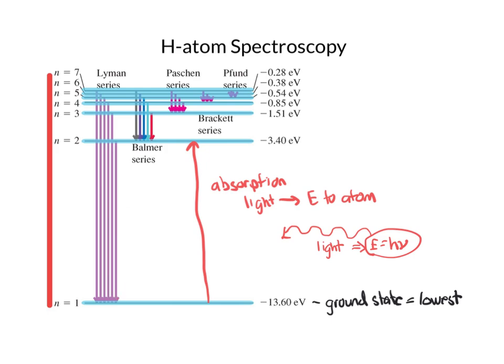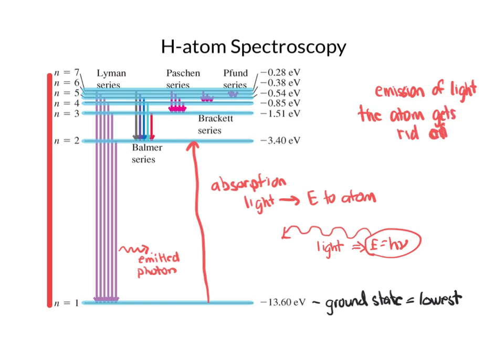And so if it loses that amount of energy, then it's going to end up as a photon that is emitted by the atom to get rid of that excess energy. So the emitted photon, or the emission of light, is a consequence of the atom getting rid of energy. And that energy is turned into light.